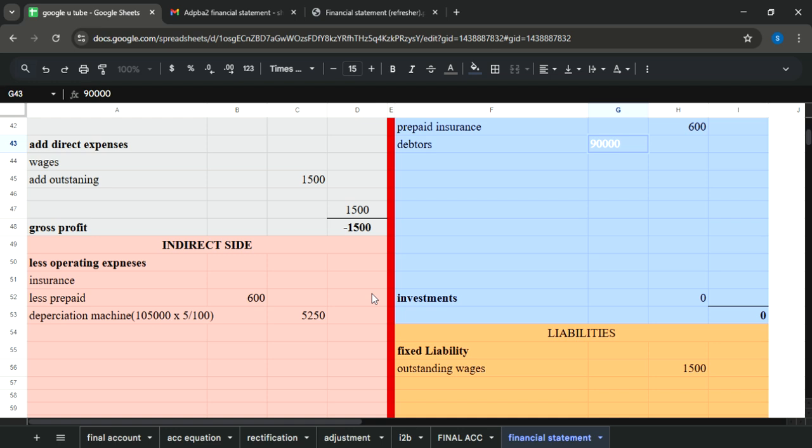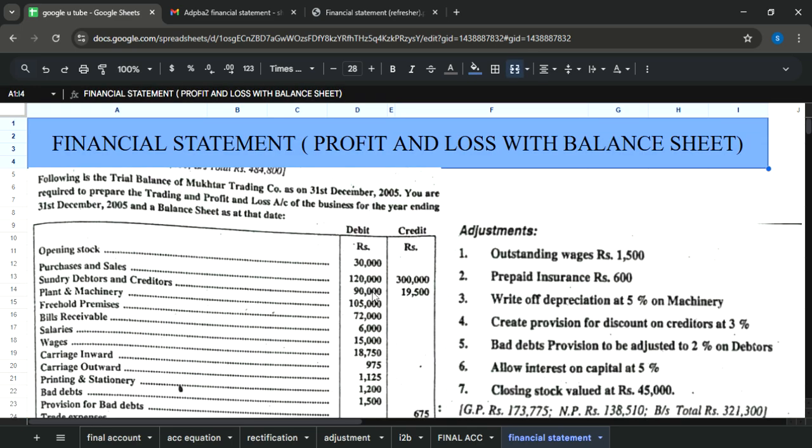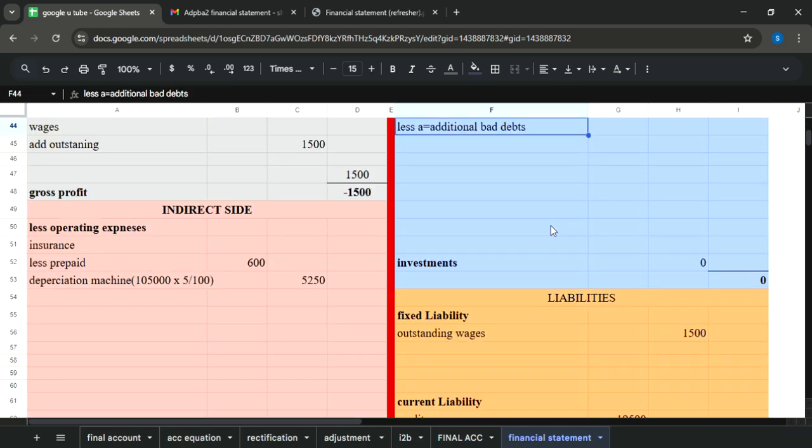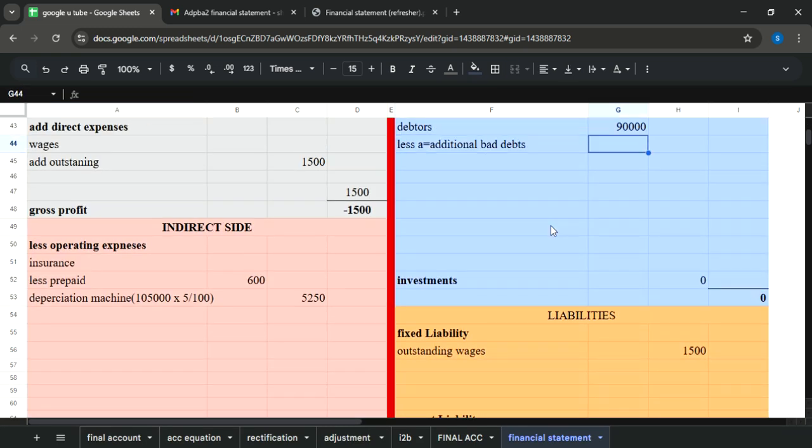Then you are supposed to subtract A. A is additional bad debts present in the adjustments, and you can see all 7 adjustments are in front of us, but additional bad debts are not present over here. So you may mention that additional bad debts are not present, 0.